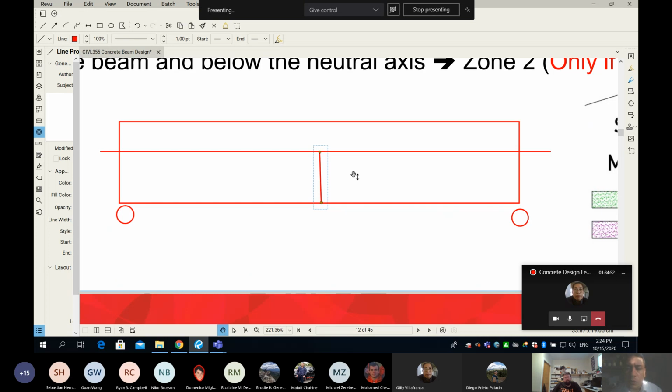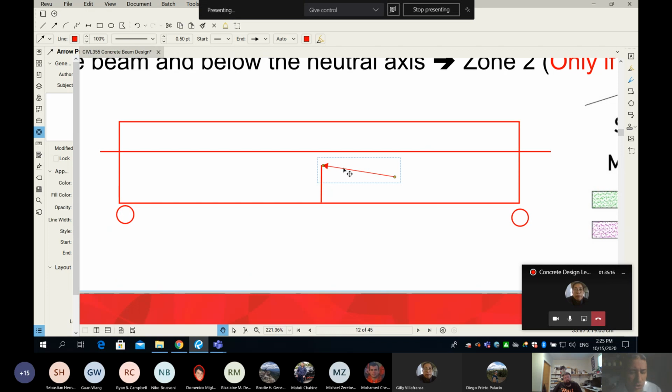If I stop it here, it means concrete does nothing in tension. However, it does a little bit, which means your crack will go and stop here. The stress at this point will be 3 MPa, which is, let's say, f_r, the modulus of rupture. But to find exactly where this point is in the cross-section is not easy, as I said.